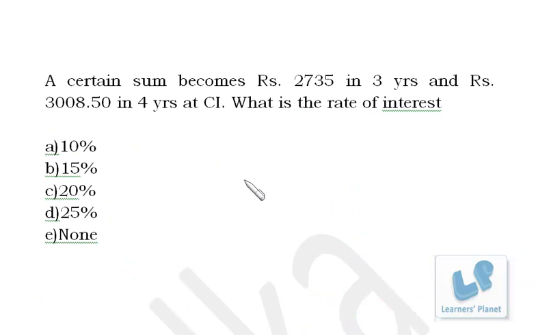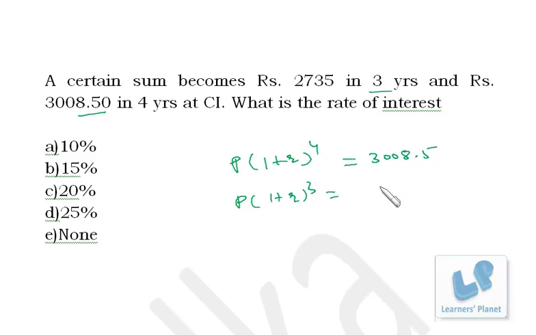Now this problem: a certain sum becomes rupees 2735 in 3 years and rupees 3008.5 in 4 years at CI. What is the rate of interest? Now that's pretty simple. I assume the principal to be P. So in 4 years, the amount will be P into 1 plus R raised to 4, that is 3008.5, right? And in 3 years, it will be P into 1 plus R whole cube, and that's 2735, right?